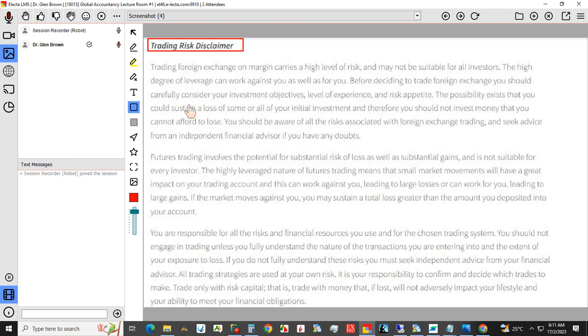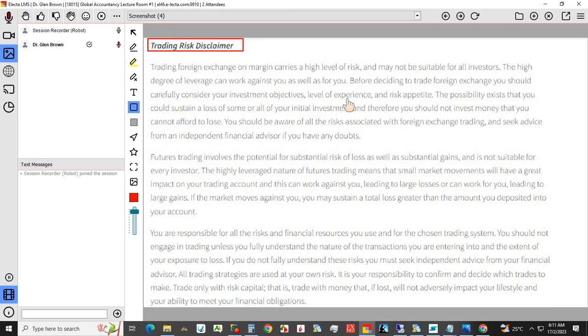Trading foreign exchange and margin carries a high level of risk and may not be suitable for all investors. The high degree of leverage can work against you as well as for you. Before deciding to trade foreign exchange, you should carefully consider your investment objectives, level of experience, and risk appetite.